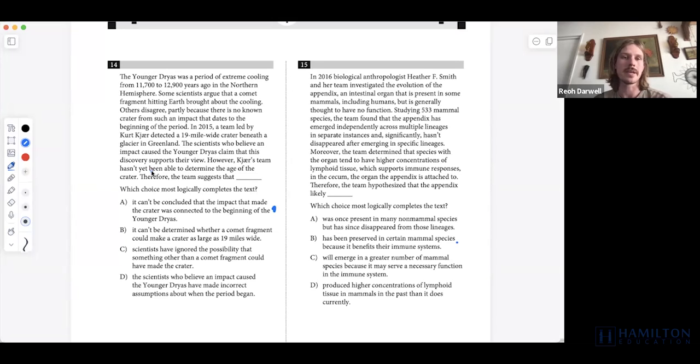So what is the debate? Well, they believe that perhaps a comet caused the Younger Dryas, which was a period of extreme cooling, and they found a crater in Greenland, right? But what's the issue is that we don't know when the crater was from. It could have been 400 million years ago, or it could have been 11,700 years ago, right?